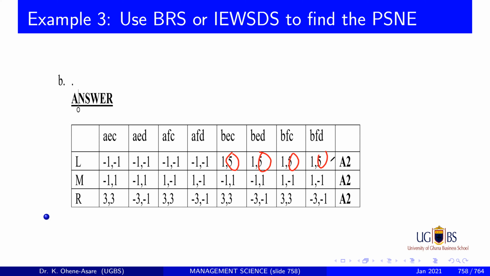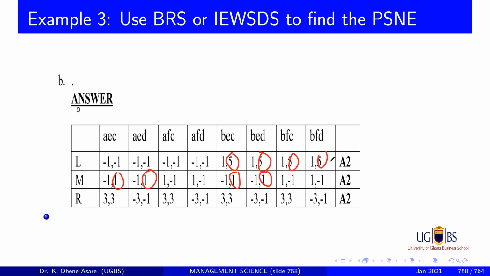Now, if player one plays M, player two's best response will be the positives and not the negatives, because the positives are bigger. So player two's best response will be +1, +1, +1, +1, all of those that are +1.